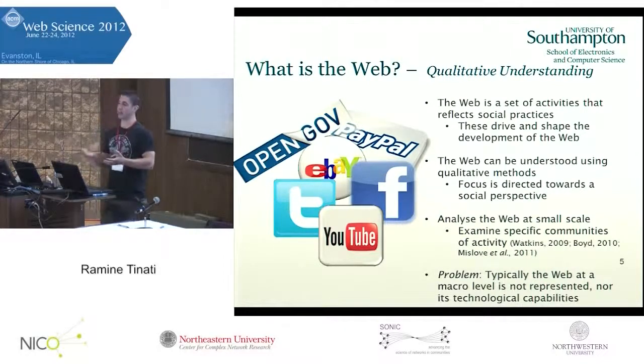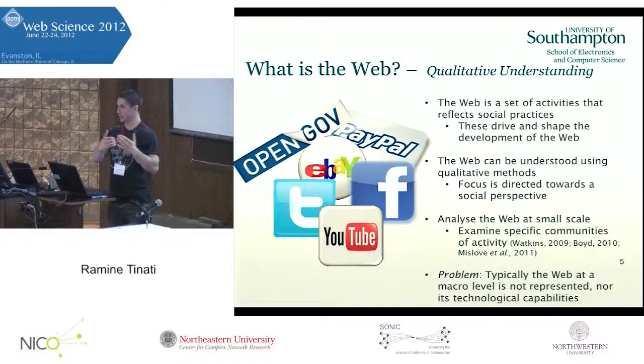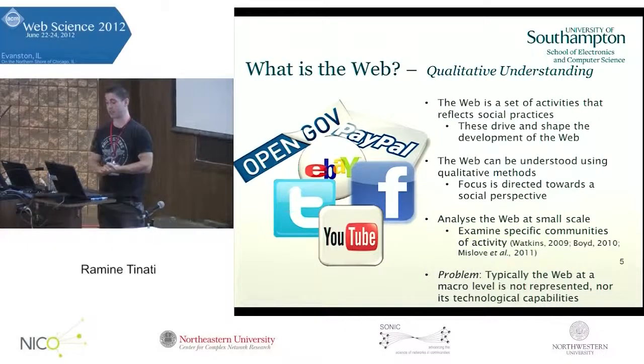But the problem again with this is that it typically ignores the macro level understanding of the web. We don't bring in an understanding of what the structures are, and the technologies that underpin this. Like I say here, the technological capabilities and restraints are also ignored in this type of research.